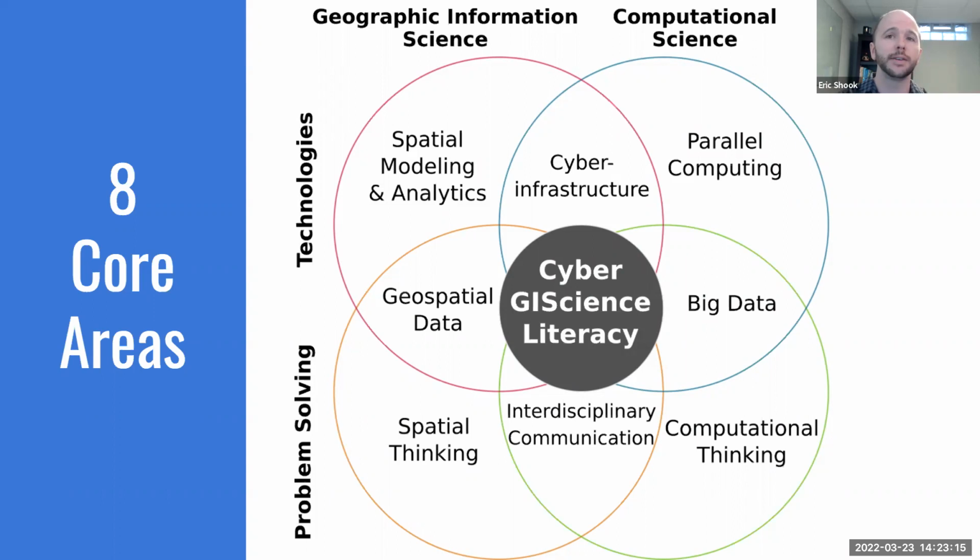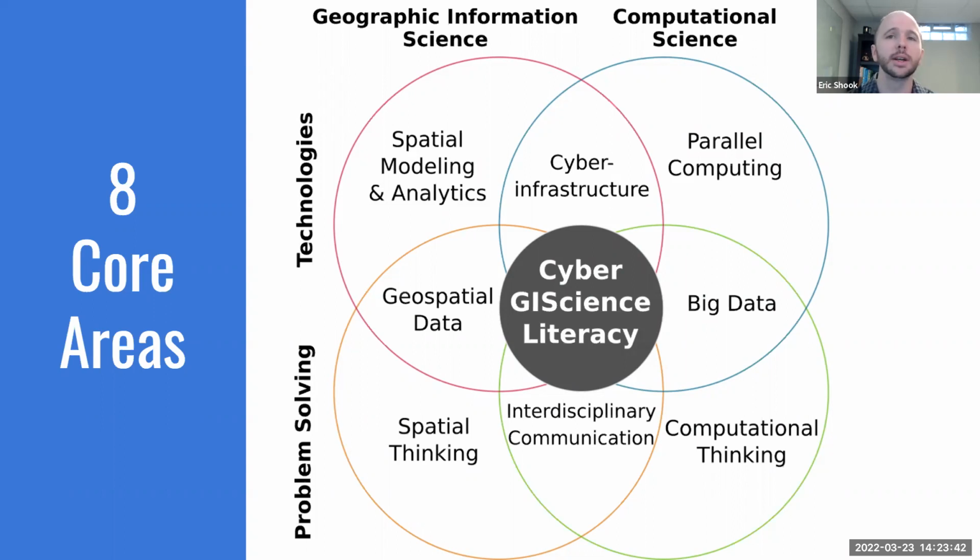One is geographic information science, which is the left side. And then on the right side, we have computational science. So within GIScience, we have the technologies and the methods, which are spatial modeling and analytics. Moving down, we go into geospatial data and then into spatial thinking. On the right side for computational science, we have a focus on parallel computing, big data, and computational thinking.